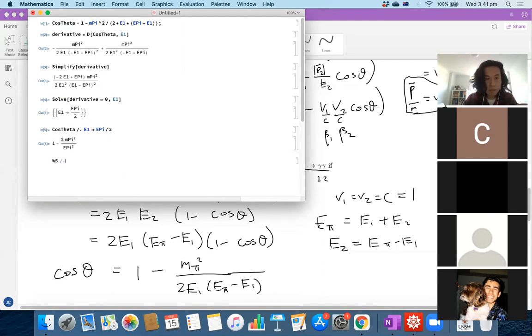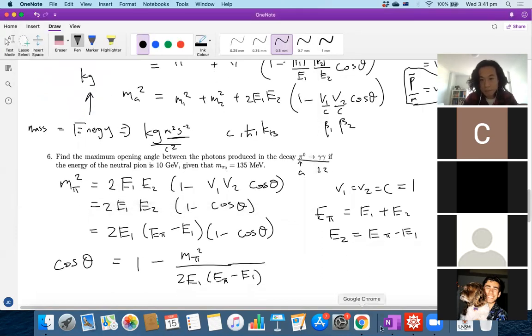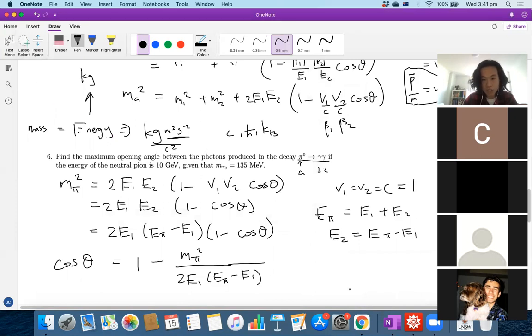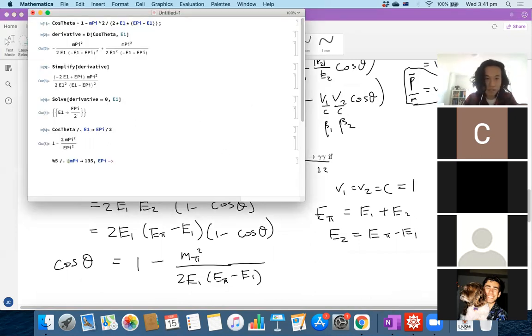Subbing in the mass of the pion, what was it again in the question? 135 MeV. I'm just going to work in MeV, so I call it 135. And then the energy of the pion is 10 GeV, so converting that to MeV is 10,000 MeV. And give me that as a number.